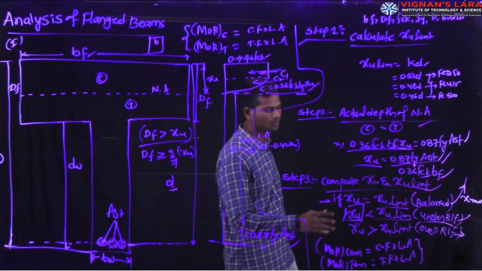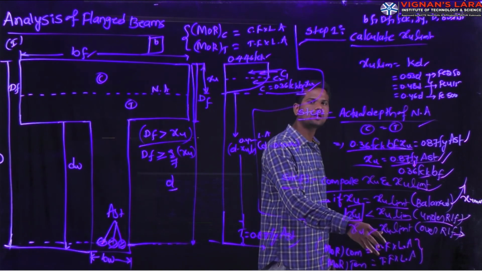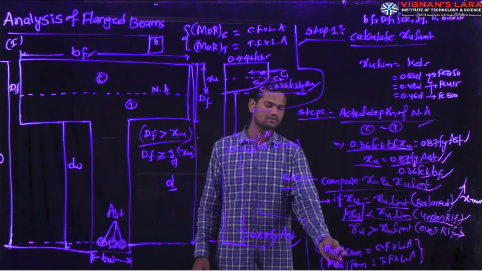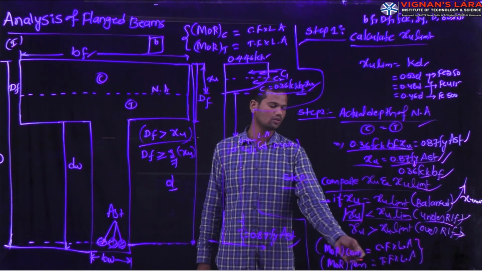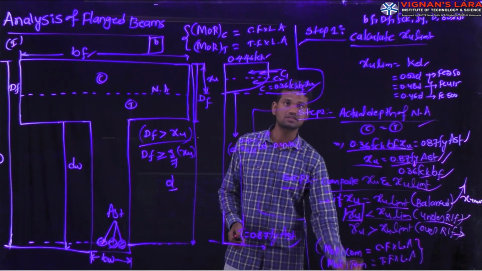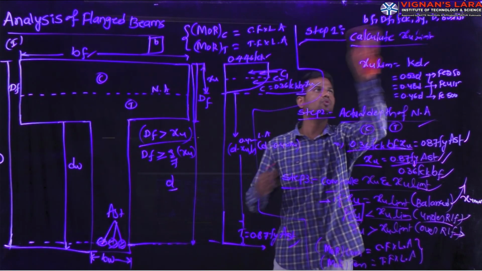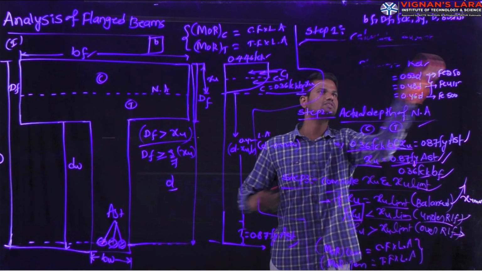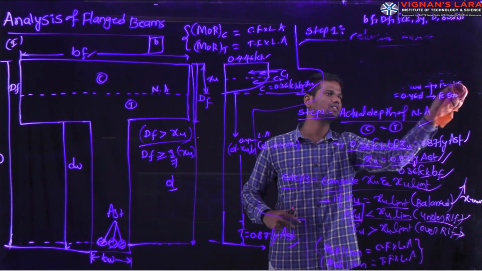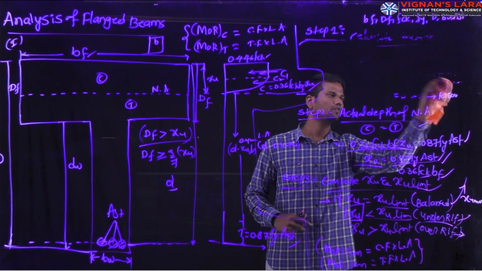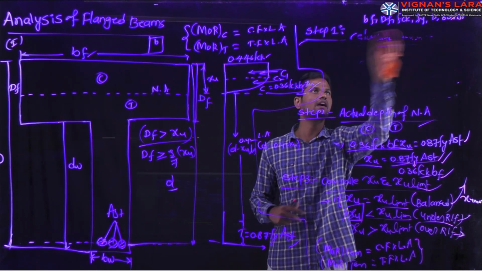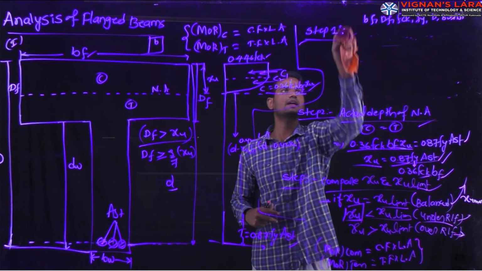That is nothing but moment of resistance equal to total compressive force into lever arm, as well as moment of resistance for tension equal to total tensile force into lever arm. That step we will discuss here. I am writing here the moment of resistance for the total compression as well as for the total tensile force: compressive force into lever arm, as well as tensile force into perpendicular distance.